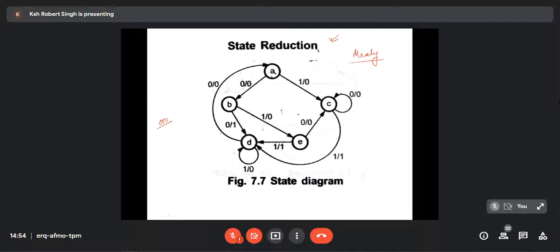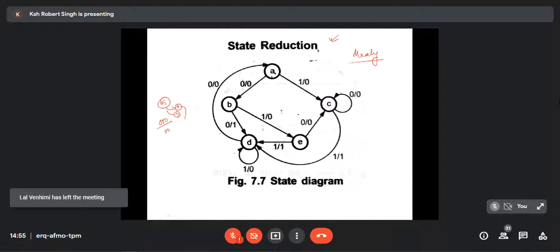So I will write the state table from this state diagram, not a big issue. But another thing you should remember is whether there is any possibility to reduce my states. Here we have 5 states. From this 5, can I reduce to 4? Can I reduce to 3? If I am able to reduce my states, then I will have a lesser number of bits.